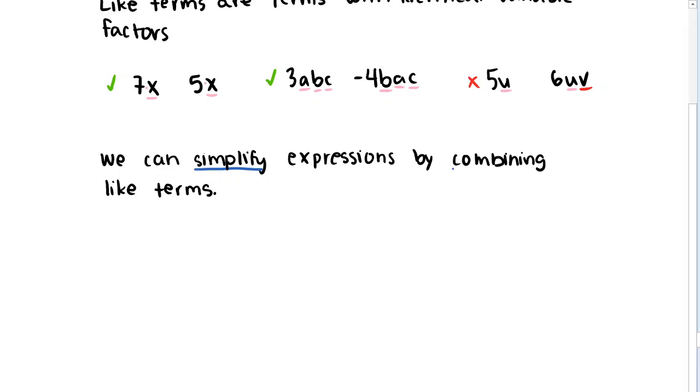And so what does it mean to combine like terms? Well, combining like terms just means that if we have two like terms, we can combine them by adding or subtracting their coefficients and keeping the variables the same.